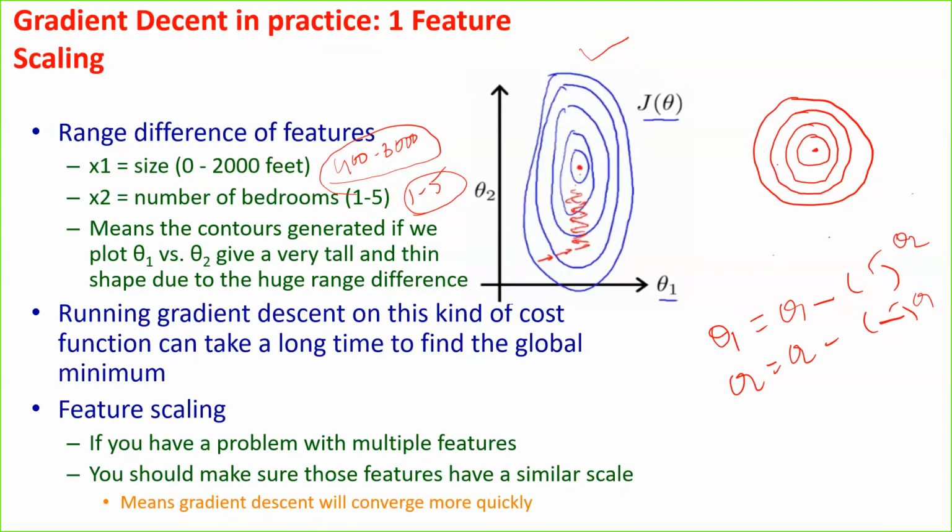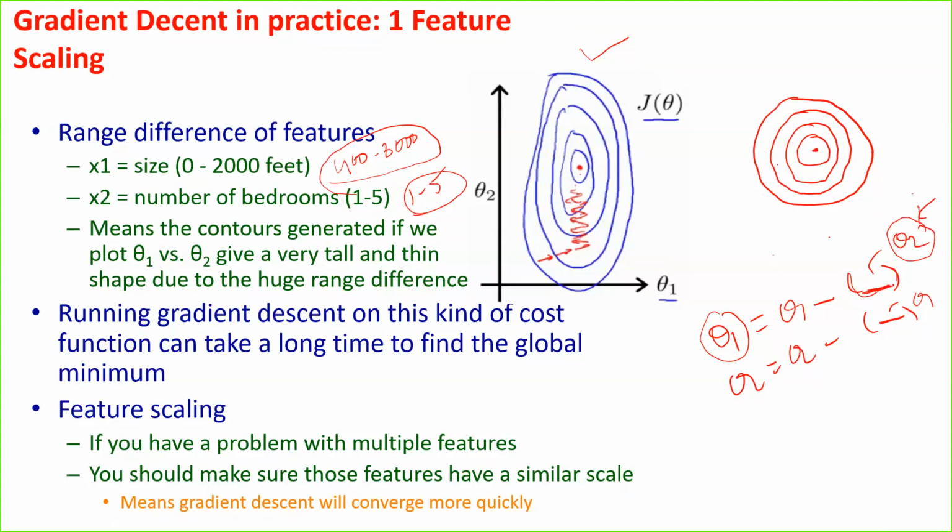When you have a huge range difference, suppose one is a small value and the other is a big value. The update is a function of that, and if it is a big number, you are subtracting a big number. As a result, you may be incrementing or decrementing more than required.